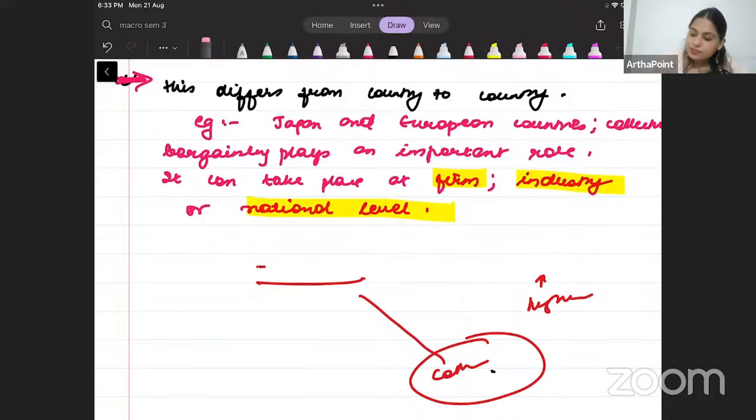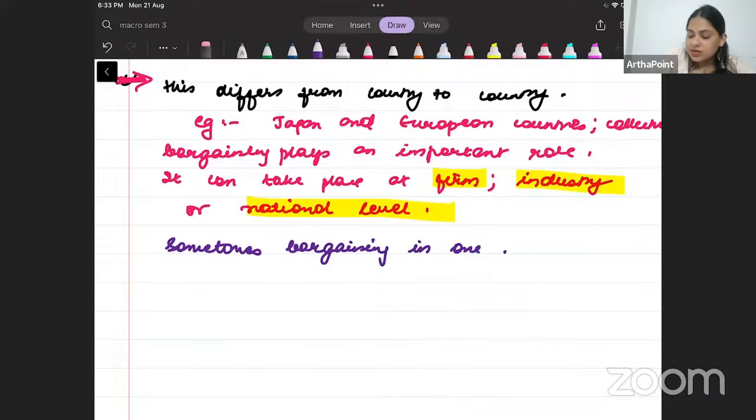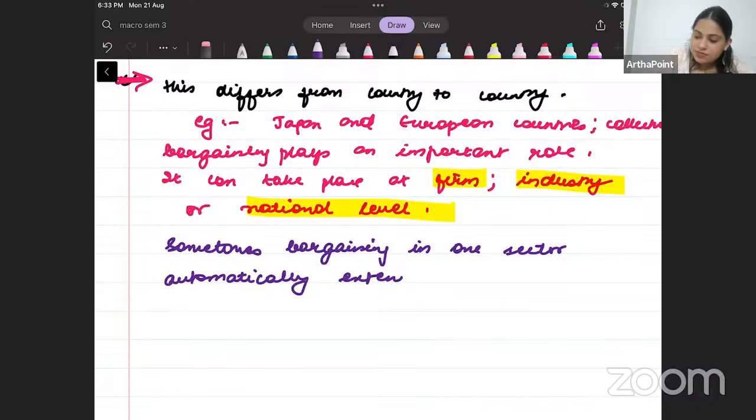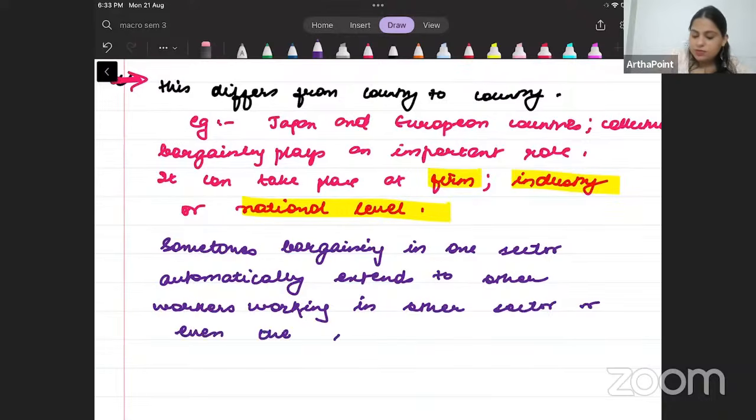So what we can say, let's finish this answer. So we can say that beta, sometimes bargaining in one sector automatically extends to other workers working in other sectors or even the entire economy.